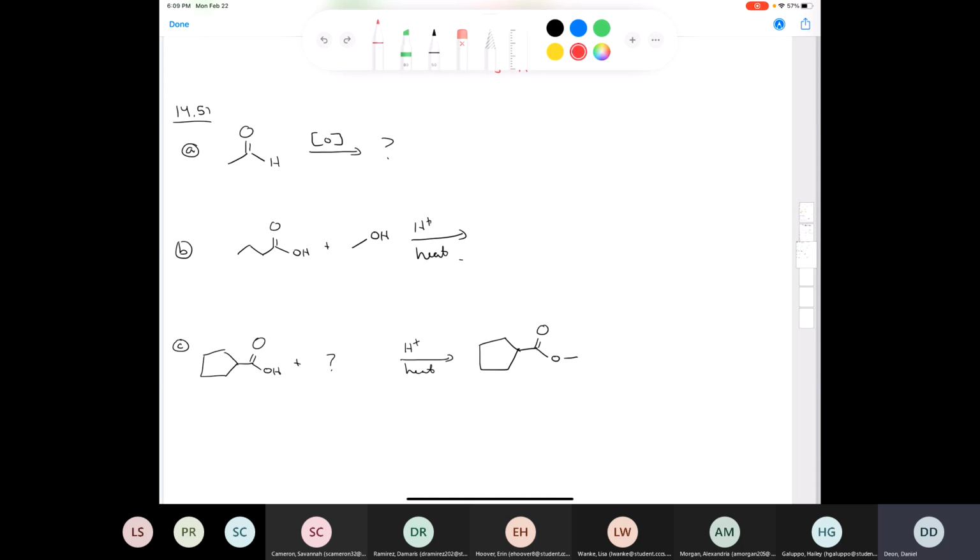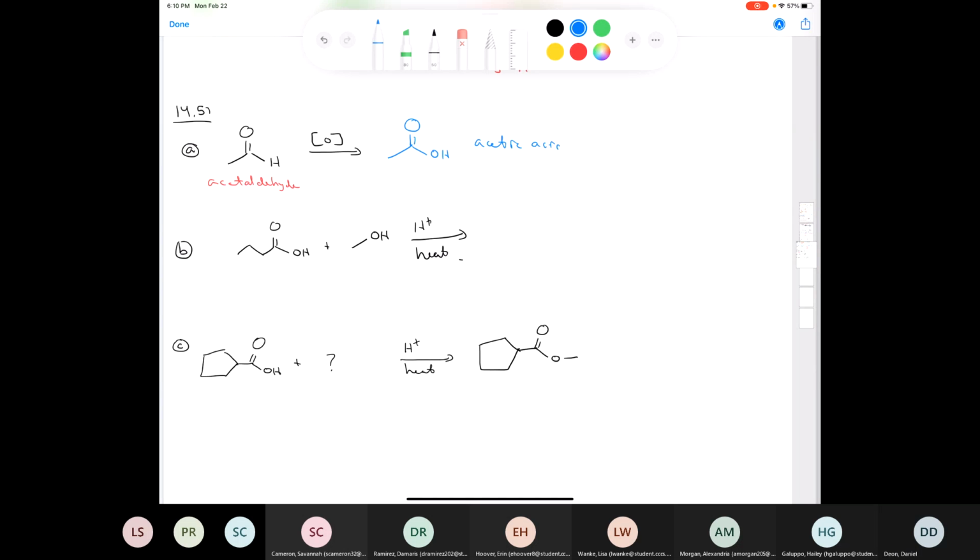We're starting with acetaldehyde, or ethanal, whatever you want to call it, but I'll just use the common name. If we're oxidizing that, what happens when we oxidize an aldehyde? It gets oxidized to a carboxylic acid. The carboxylic acid is going to have 2 carbons.